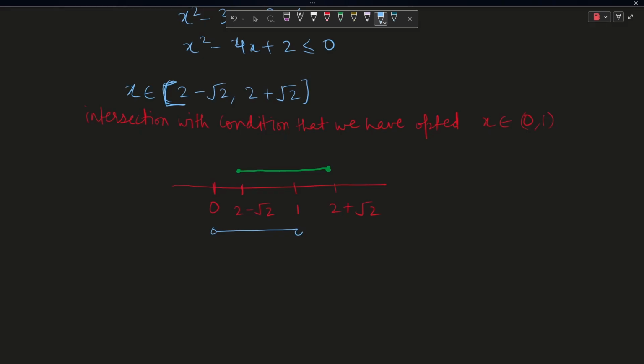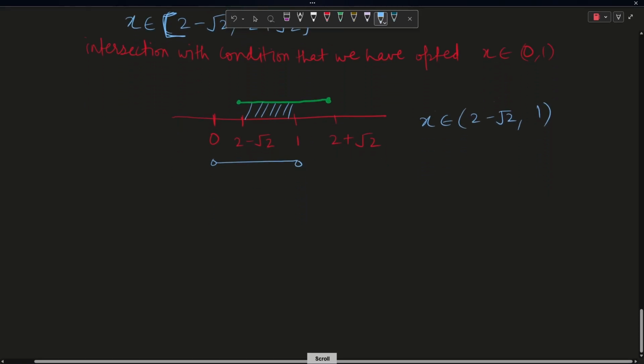We can see that the common part, the intersecting part, is this one. Hence, we can write x belongs to 2 minus root 2 to 1, and this will be the answer of our case 2.1.